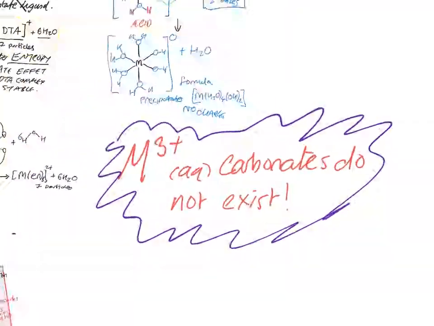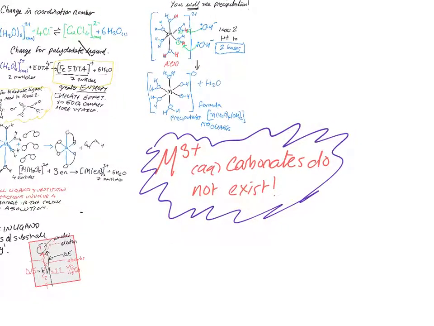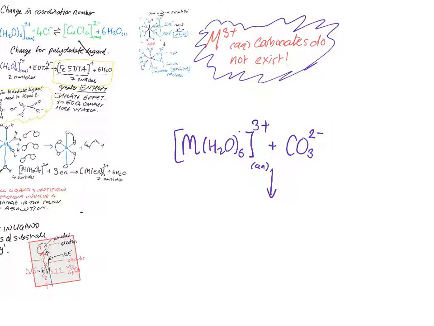Now, metal 3+ carbonates cannot exist, and that is because of the acidic nature of the hexaaqua 3+ ion. If carbonate ions are present, these will behave as a base. They will rip off protons.